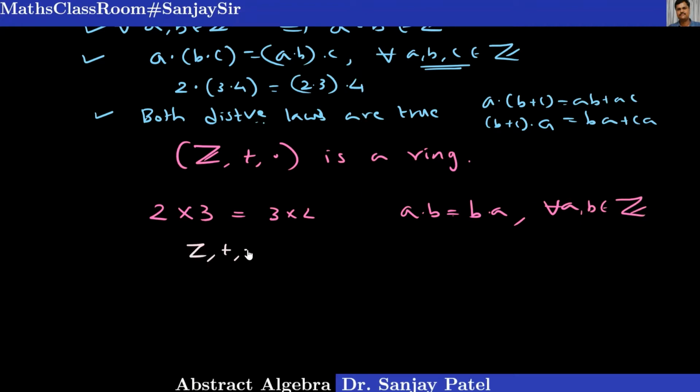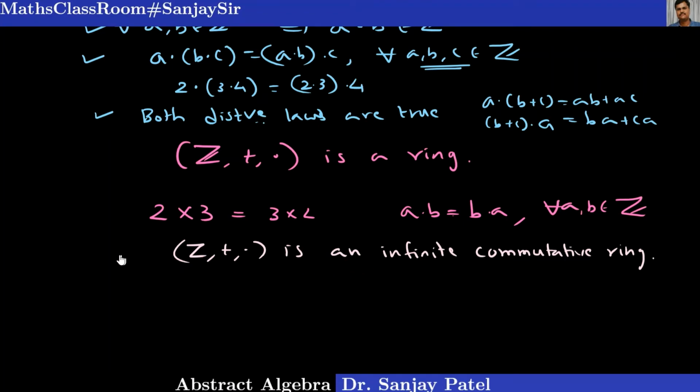I can say Z plus dot is an infinite commutative ring. Okay, so it is an example of an infinite commutative ring.